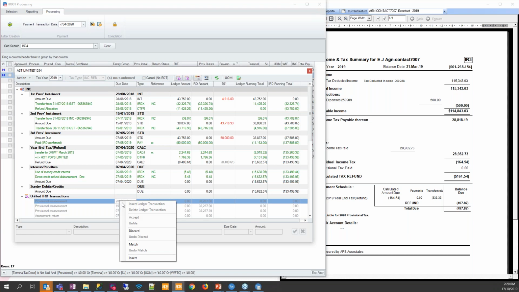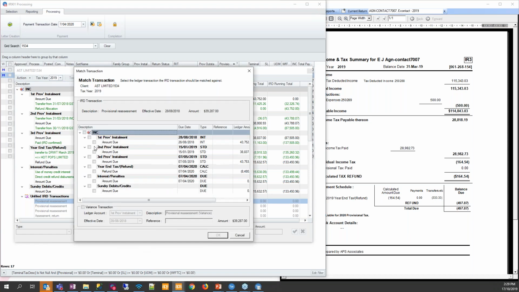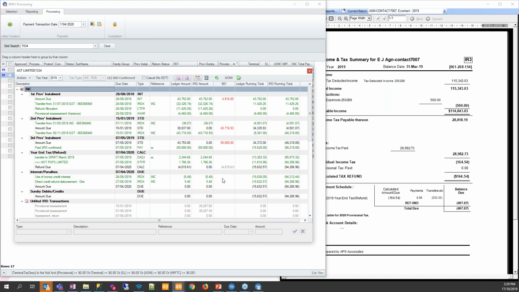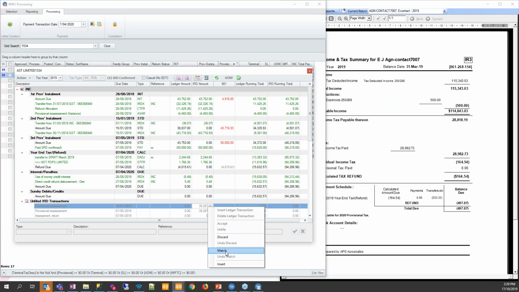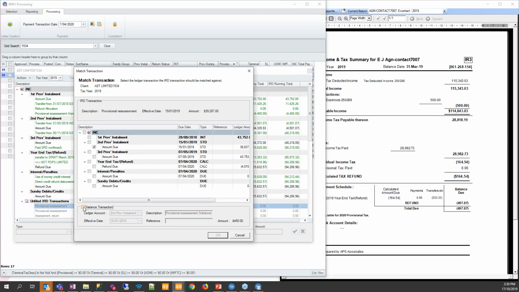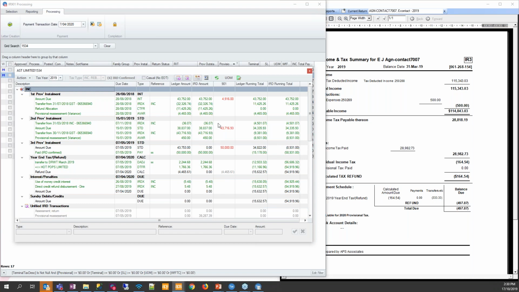If I actually individually start matching these transactions, we obviously start generating variances. And if we refresh that, you'll see that this figure then starts changing to reflect the new running but adjusting figure to bring everything back to RIT. So if we match, and again, if we just refresh that, yeah, it's been done.